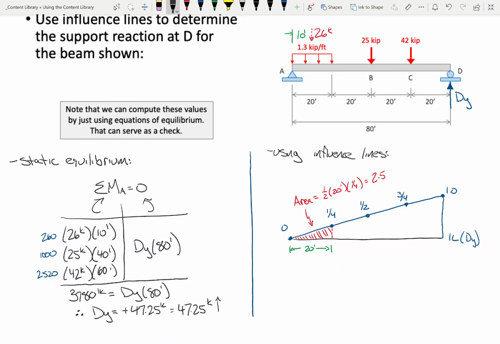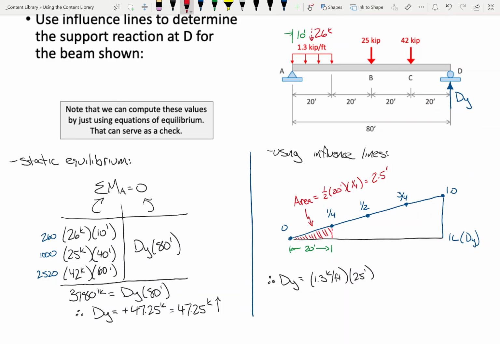So watch this. I propose that if we wanted to compute dy, what we're going to do is take, and I'm going to put a foot here just in case anybody's unit conscious, 1.3 kips per foot times 25 feet.